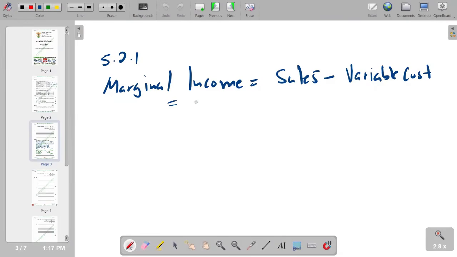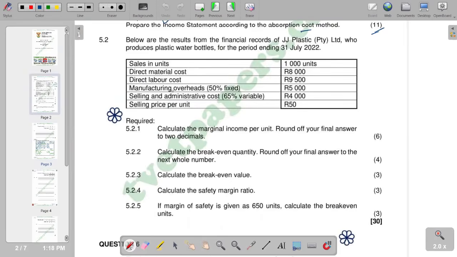Then we subtract the total for variable costs that we have in the question. We check variable costs. We have 8,000. We have also direct labor cost 9,500. So we add them in brackets.